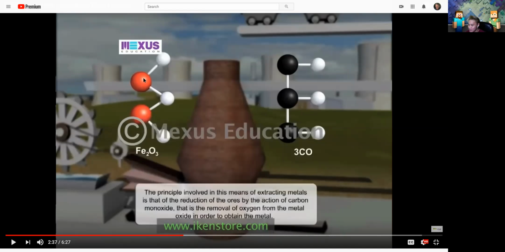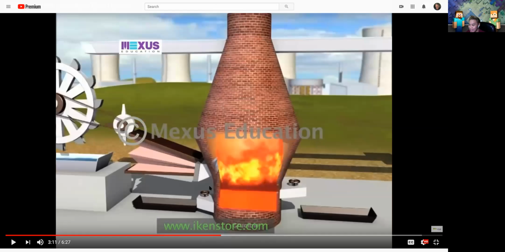In using the blast furnace, the coke first burns to form a gas called carbon monoxide. Like here, under here, the coke first burns to form the carbon monoxide. So they are burning the coke to form carbon monoxide, so that they can extract iron from the ferric oxide.